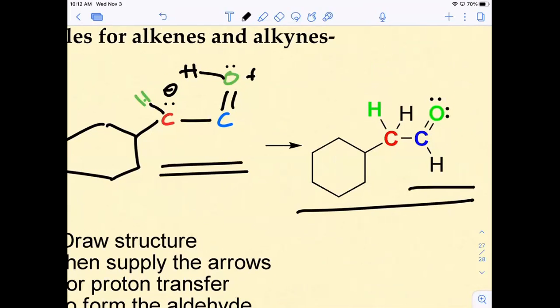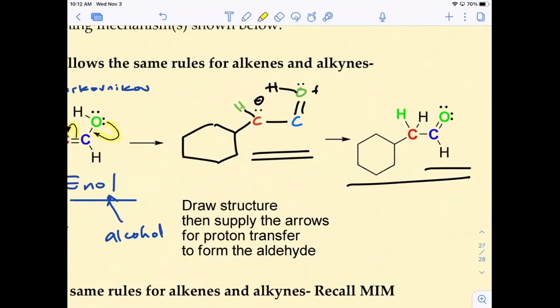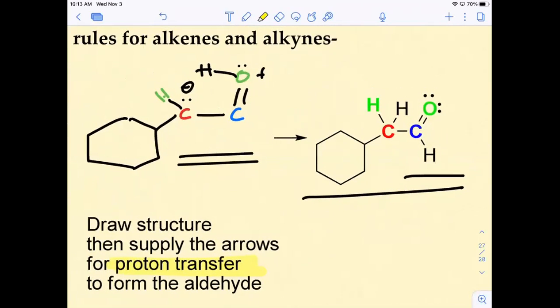What can I do? Right before, so look at what happened. What changed going from this intermediate to the aldehyde? What's different?